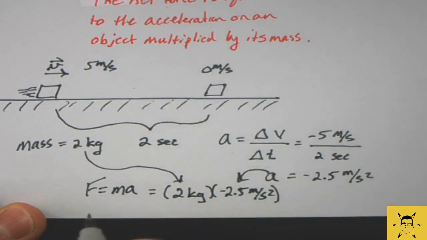Which means we get our force equal to 2 kilograms times negative 2.5 meters per second squared.